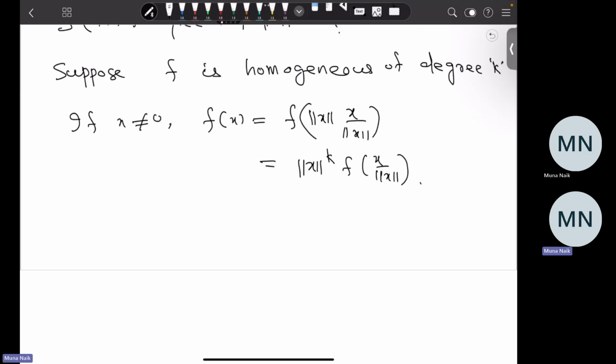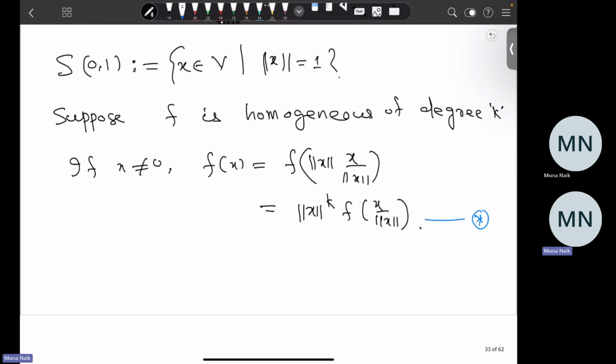Now suppose f and g are homogeneous functions of degree k so that their values on the unit sphere are the same. Then condition star will say that f equals g. Let us call it double star.